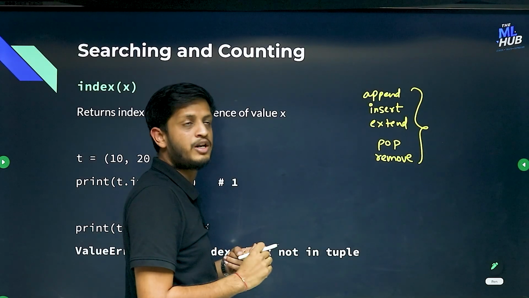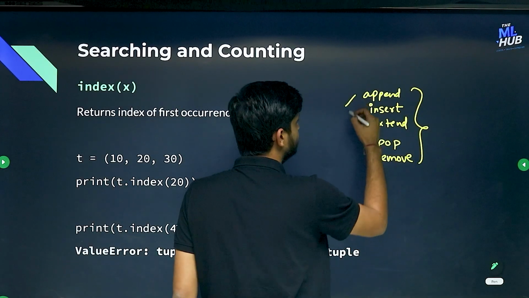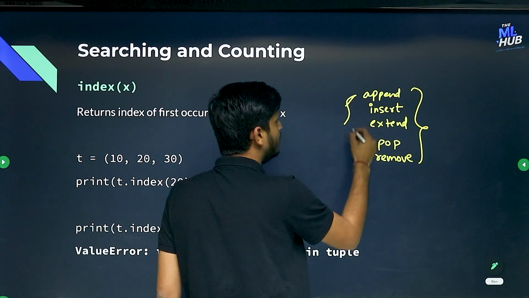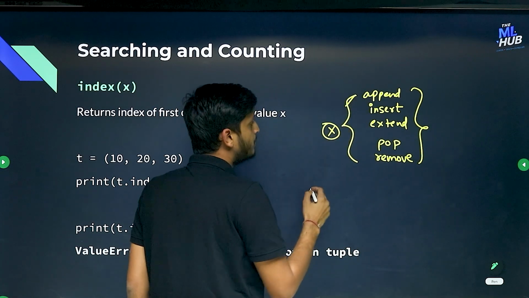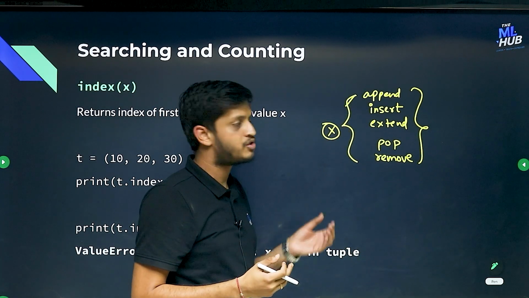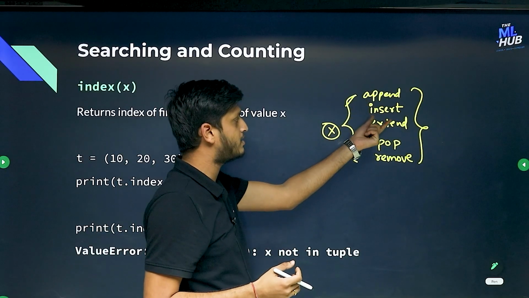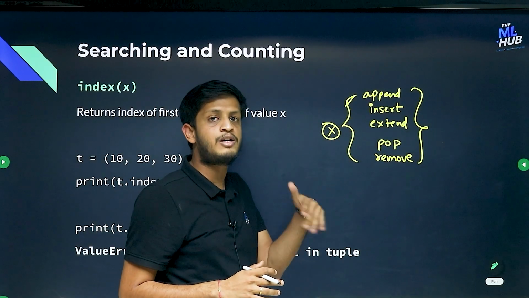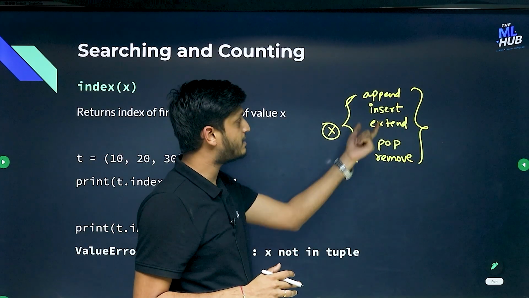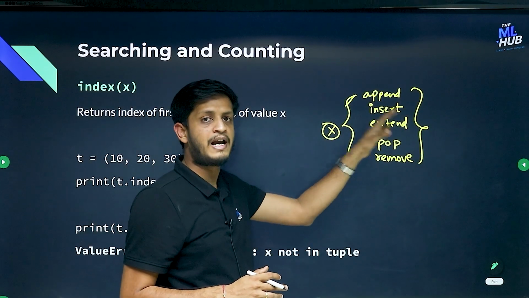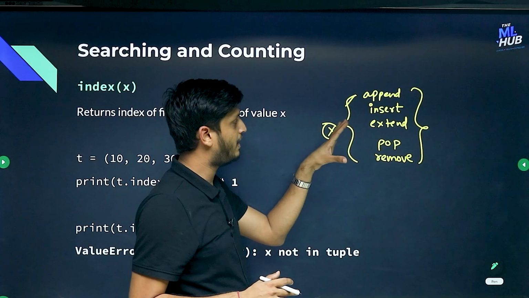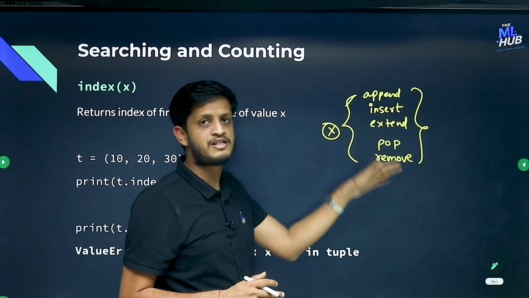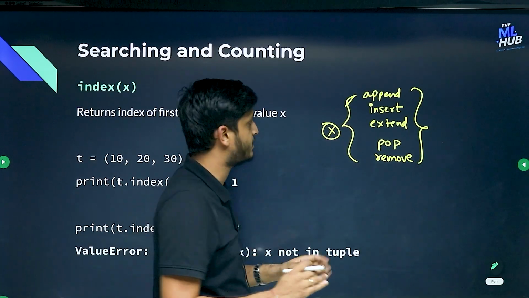List in Python is mutable. So you can have methods like these for list, but for tuples none of these methods are present because tuples are immutable. So you cannot do in-place append or insert or extend or pop or remove. None of these are present because they are all related to mutability. In place they work, and in the same list you can add elements or delete elements, right? And in tuples, since tuples are immutable, these methods are not present.